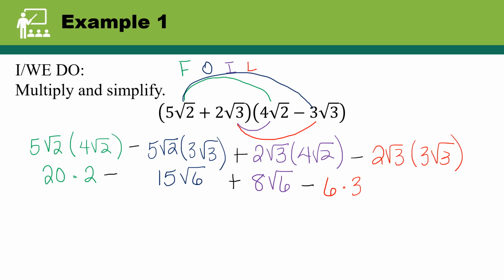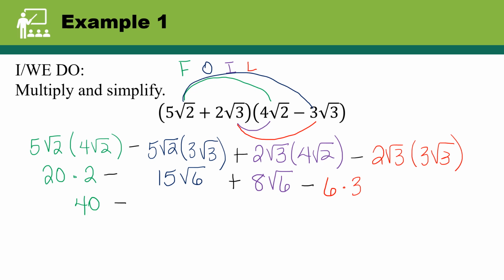Now let's multiply everything out. 40 minus, I have 15 times the square root of 6 plus 8 times the square root of 6.